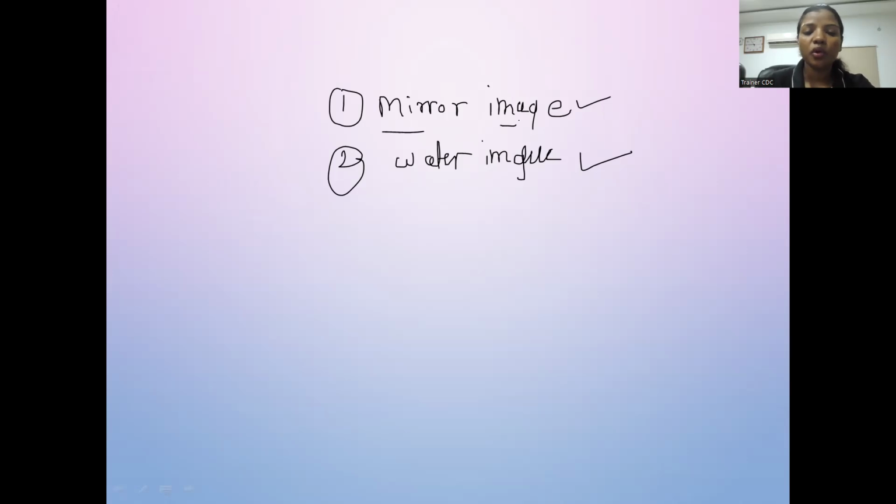One more logic we can find in mirror image is that when you look at yourself in the mirror, is your left hand side and right hand side the same or different? Yeah, it is different, right? Your right hand will become your left hand, and your left hand will become your right hand. So one more logic we are getting here in mirror image: your left and right side get reversed.